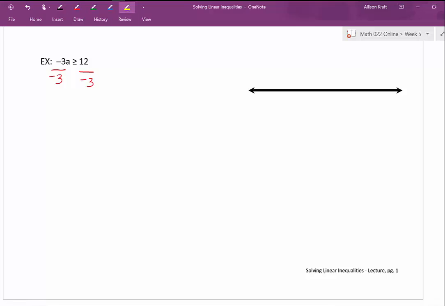But since we are dividing by a negative number, we've got to make sure that we flip our inequality symbol. And what I mean by flip is change it from greater than to less than. We get a is less than or equal to -4. Again, please notice the change.